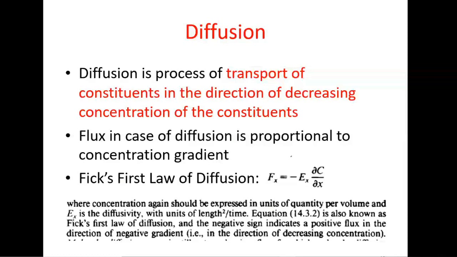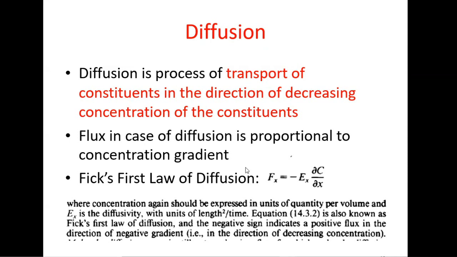If you find the gradient slope, C1 minus C2 or C2 minus C1 divided by X2 minus X1, it will come out negative. In the direction of the reduction of concentration, delta C over delta X mathematically will be a negative value, because flux moves towards the reducing concentration.